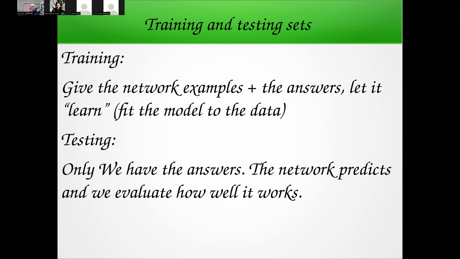The model receives some data, passes the data through itself, gets an answer, and then adjusts its own parameters and iterates this until the model is able to reproduce the answers contained in the training data.